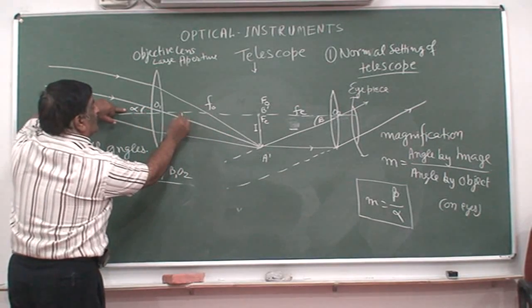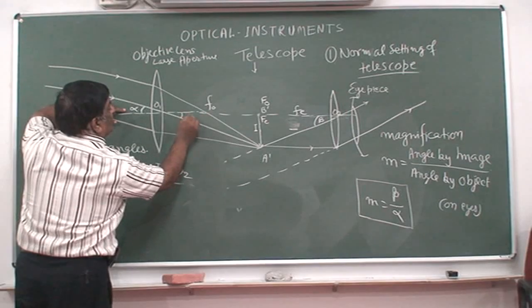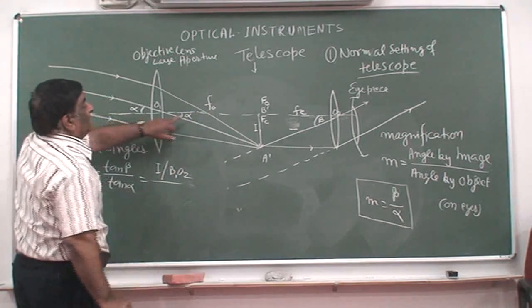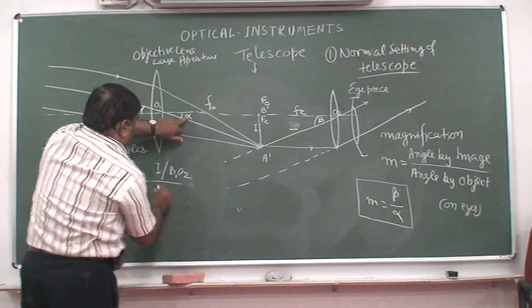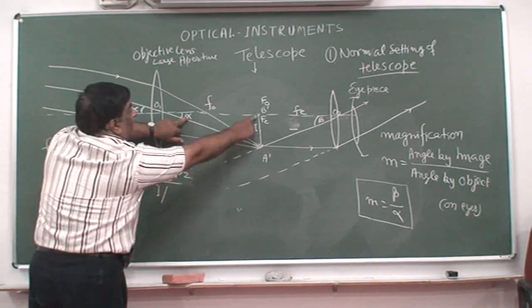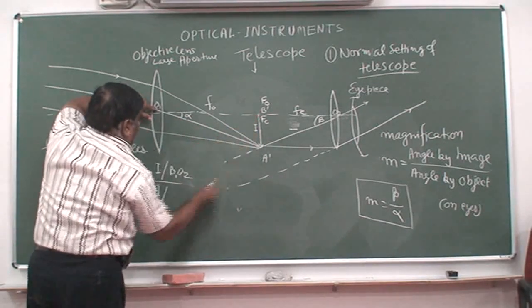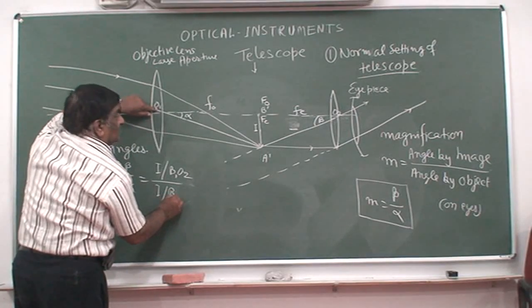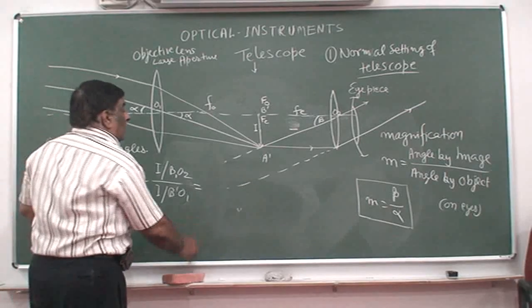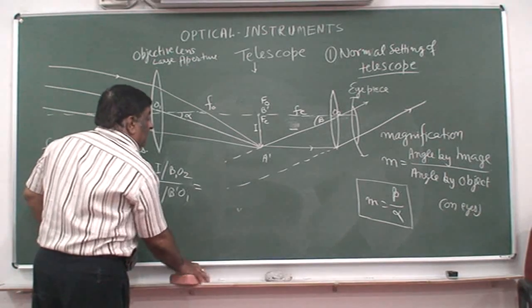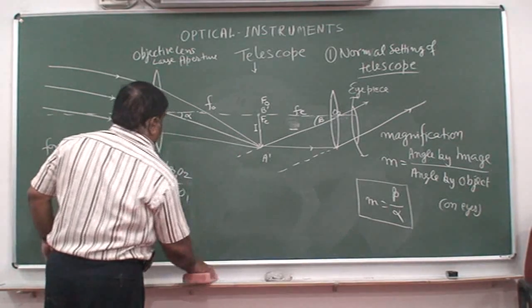Alpha is equal to this angle, the opposite angle. So this angle is also alpha. If this is also alpha, what is its tangent? Perpendicular I upon base. Base is B dash O1. Now we put the values.